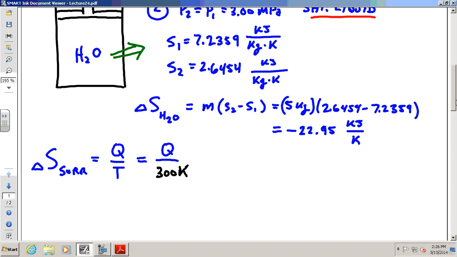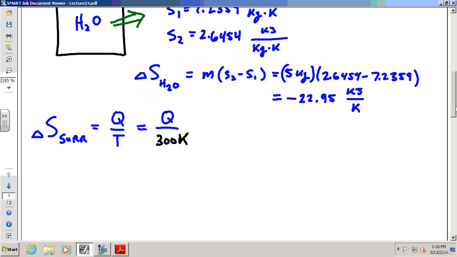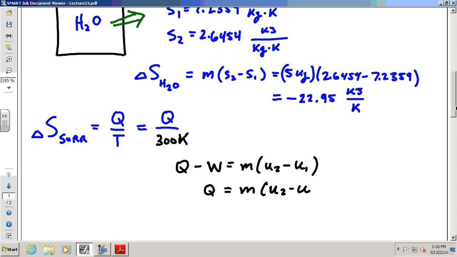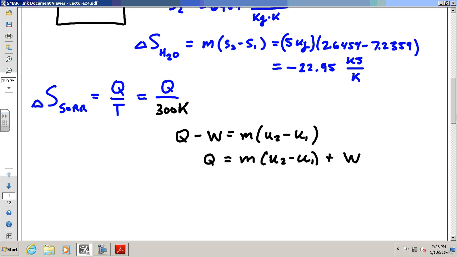Now, remember this. For the piston cylinder assembly, that's actually a closed system. So really, for a closed system, it's going to be Q minus W equals M times U2 minus U1. But remember that when you bring over the W to the other side, you're really saying M times U2 minus U1 plus W. But since it's a constant pressure process, you're saying M times U2 minus U1 plus the mass times pressure.